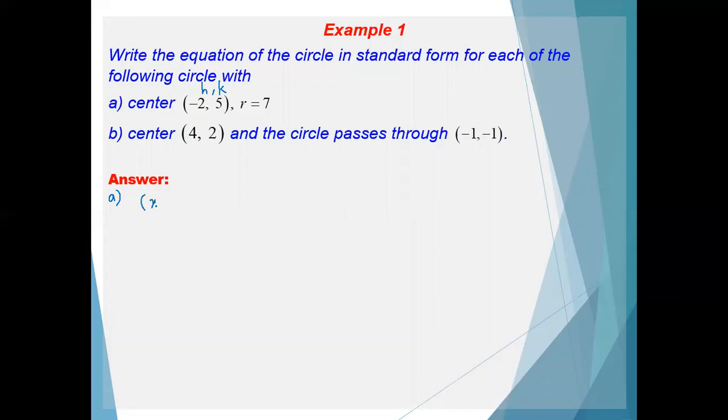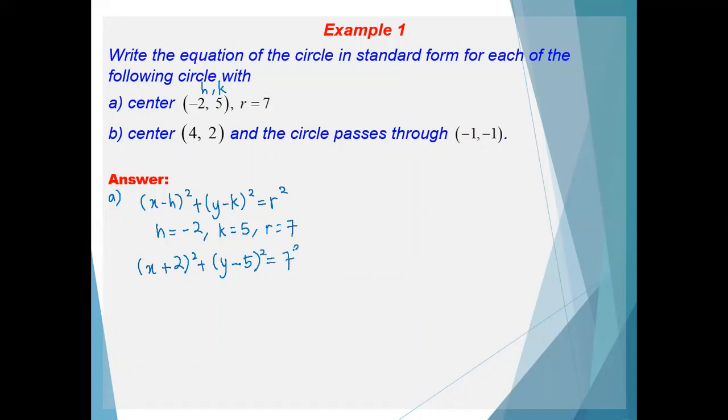Okay, so we have x minus h square plus y minus k square is equal to r squared.